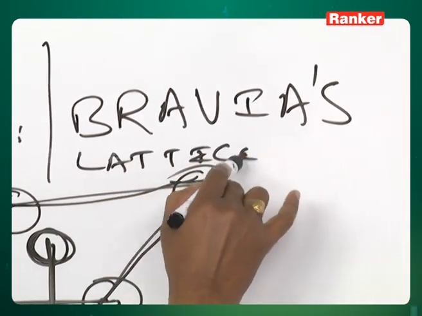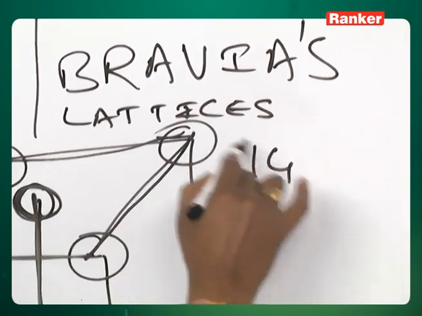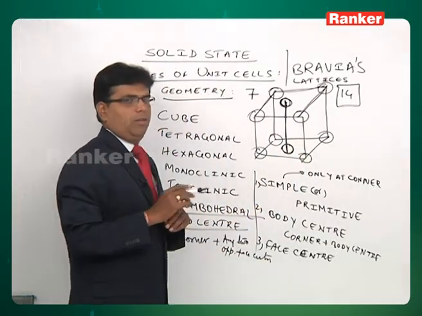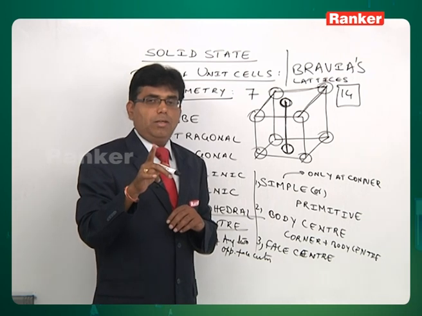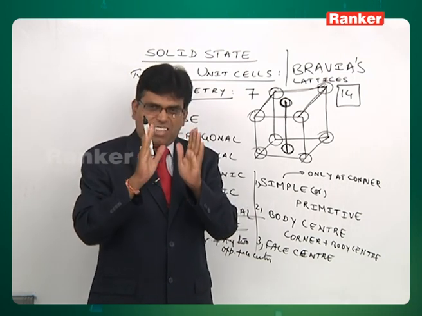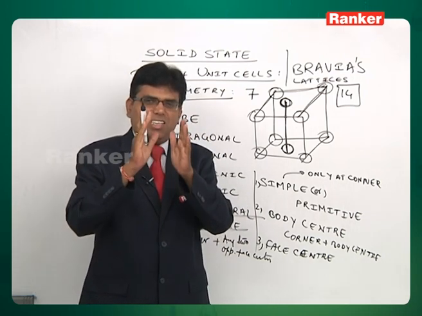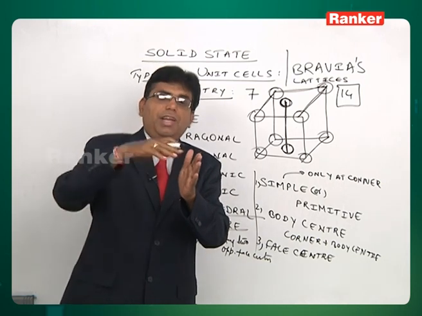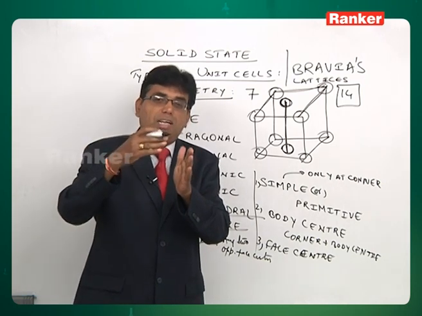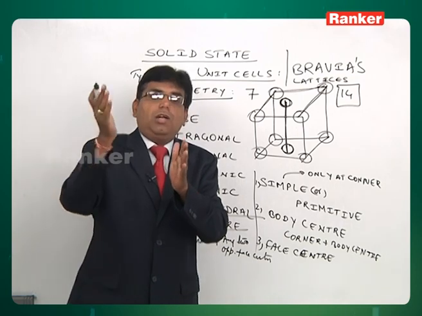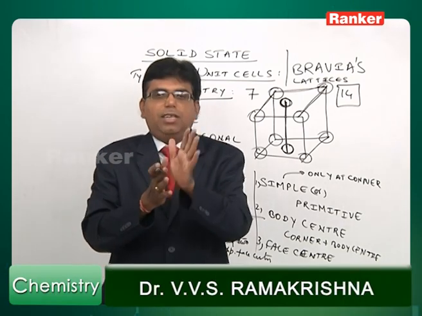So these Bravais lattices are 14 in number. What are Bravais lattices? There are 7 basic crystal systems, in which the arrangement of atoms in each case is different. In total, all put together, it is 14 types.